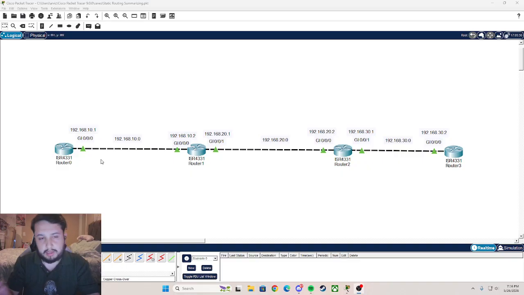Routers. I went ahead and set up my networks. As you can see, there's router zero.